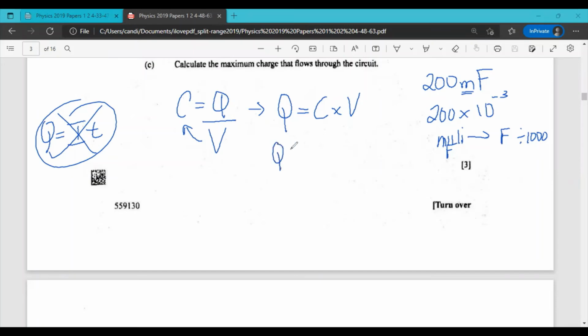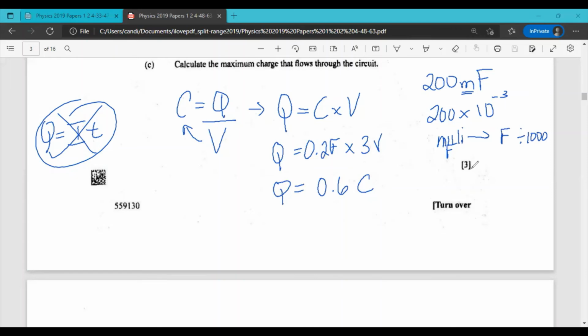So charge is equal to 0.2 farads multiplied by 3 volts. The 3 volts comes from the previous part of the question. So we multiply 0.2 by 3 and that gives us 0.6, and the unit for charge is the coulomb, which is represented by capital letter C. Okay, so notice this is 3 points.